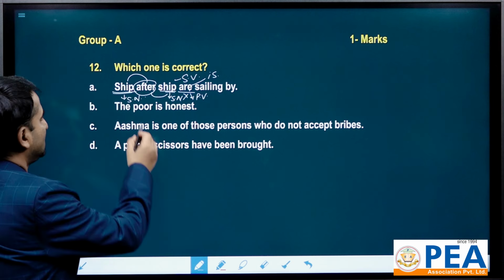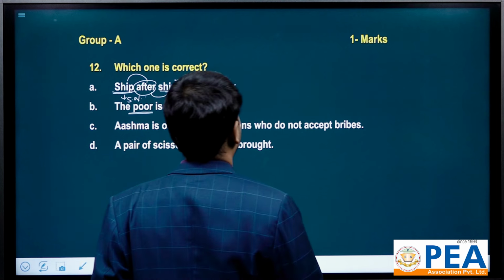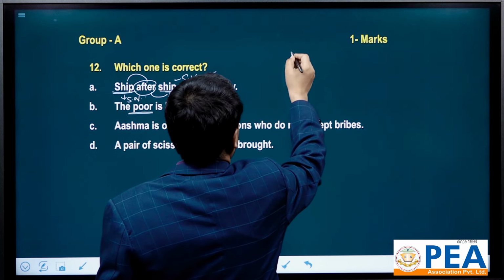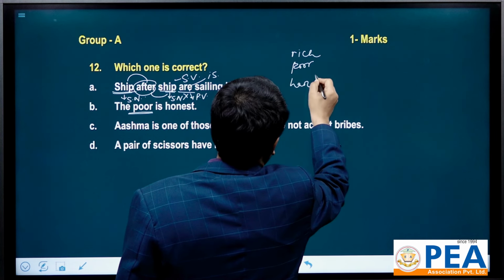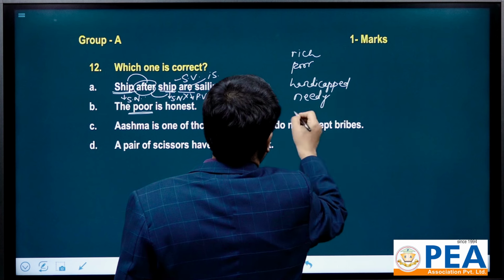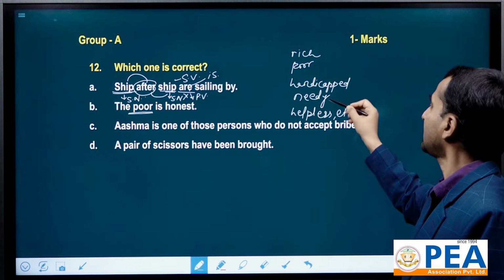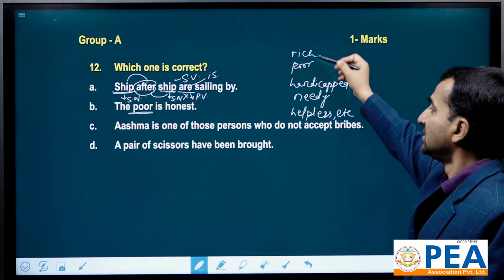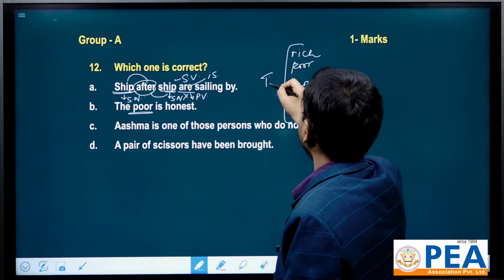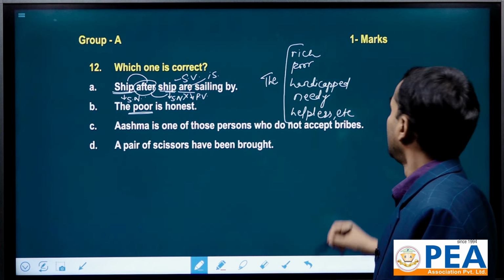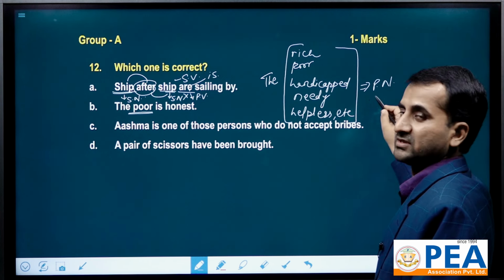Now see this one. You must have studied in subject verb agreement. I am just writing some of the words like rich, poor, handicapped, needy, helpless, etc. See, rich, poor, handicapped, needy, helpless, they are adjectives. But when the article the is used before them, they act like a noun, and that noun is plural number.